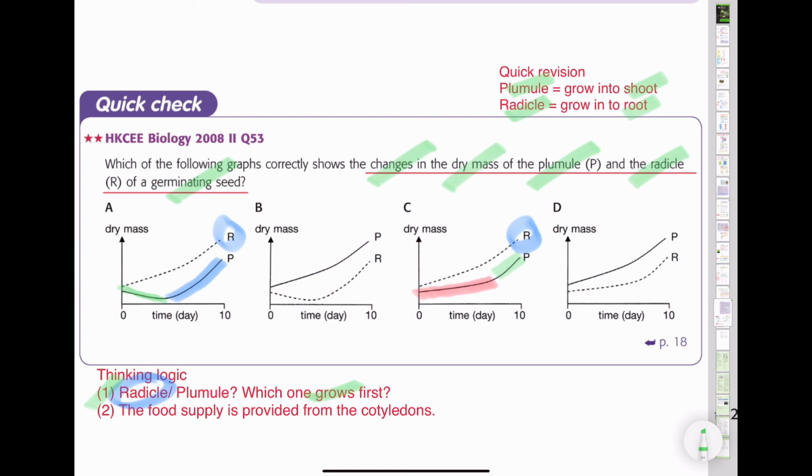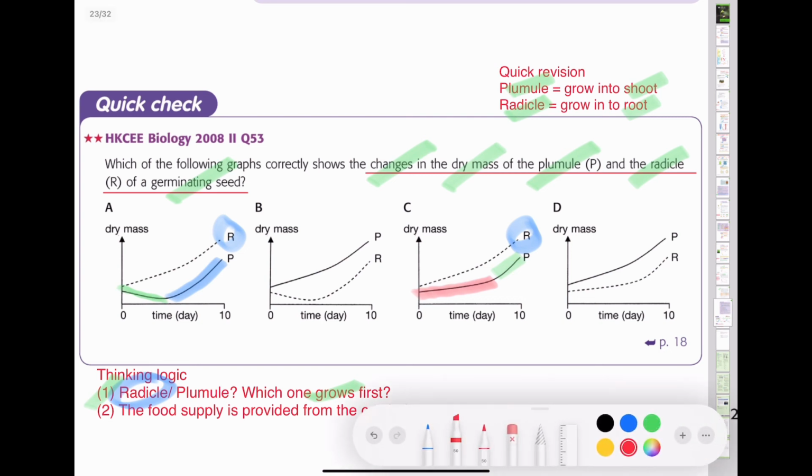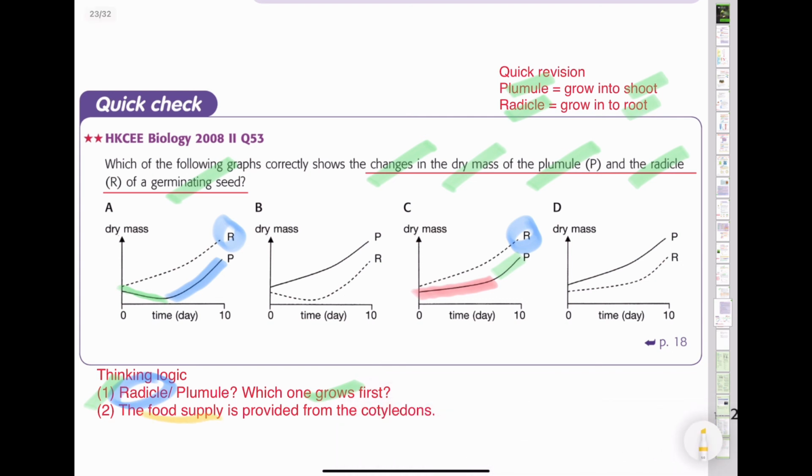We need to think about the logic. Number 2, the food supply, where does it come from? The food supply is provided from the cotyledon, the seed leaf, but not from the plumule. So the food storage in the cotyledon is used up to provide the nutrients for the plumule and radicle to grow. The plumule only receives the nutrients and then grows.